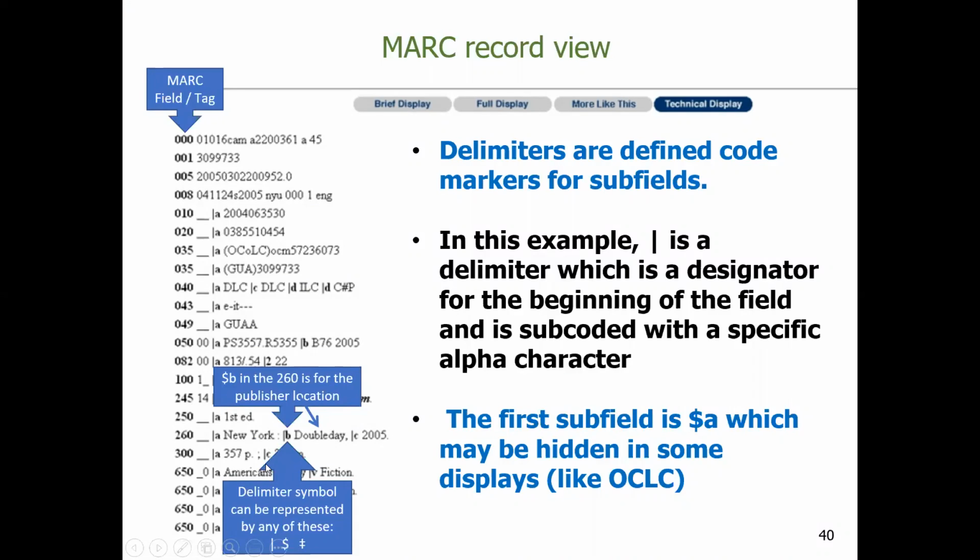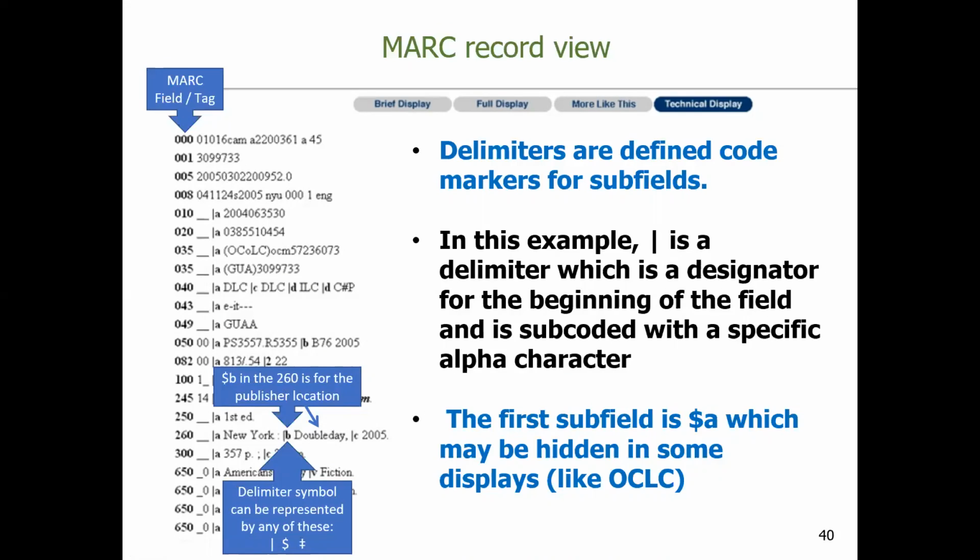So as I mentioned, it could be something that's hidden. Now in the 260 field, we see here the subfield B. The subfield B in the 260 or the 264 field is the publisher. How do I know that? I know that because my MARC manual tells me that information goes there.